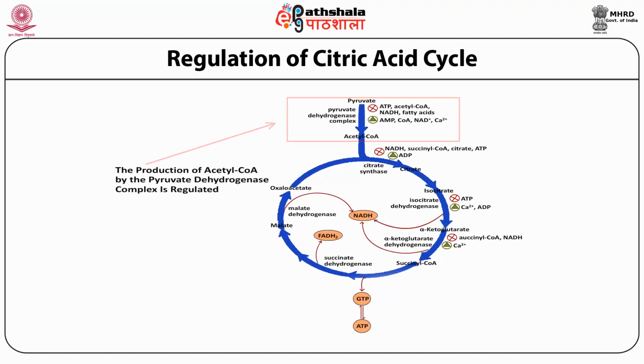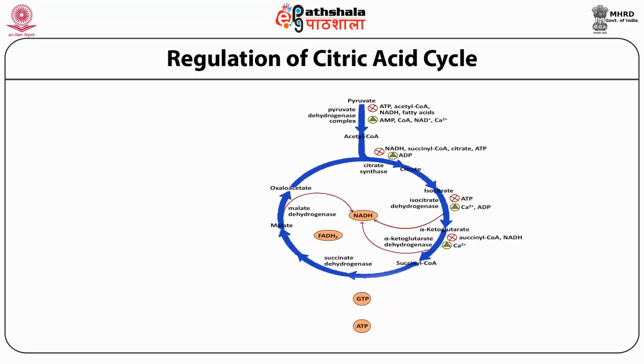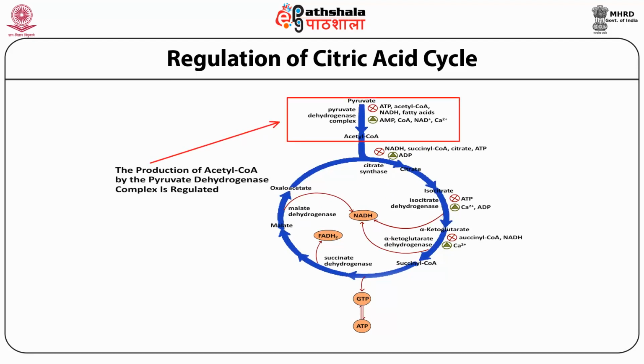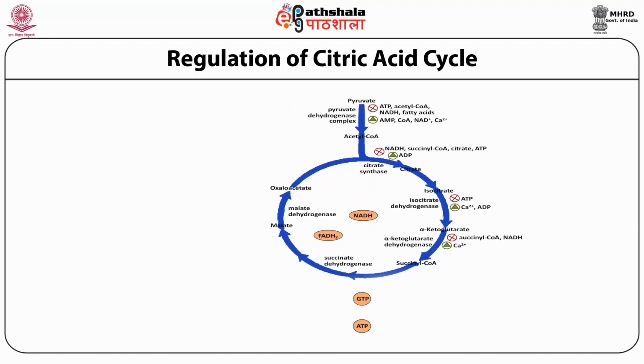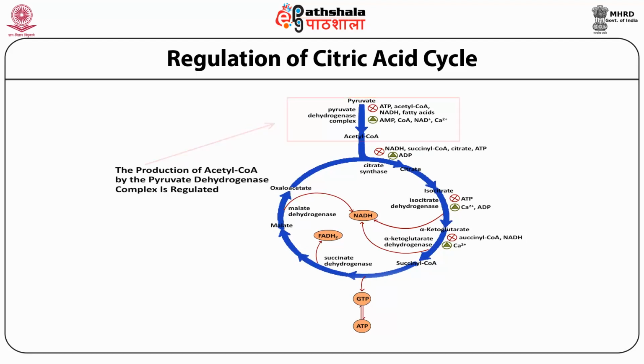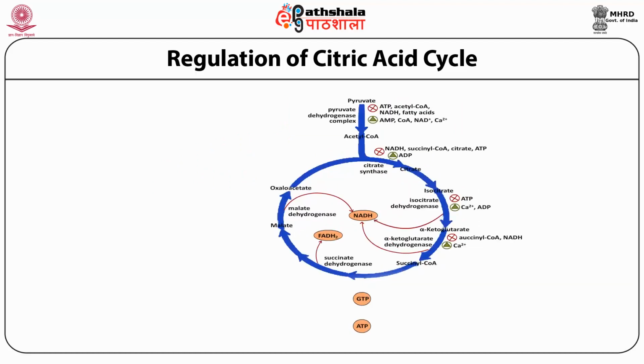In vertebrates, the pyruvate dehydrogenase complex is regulated both allosterically and by covalent modification. The complex is strongly inhibited by adenosine triphosphate as well as by acetyl coenzyme A and NADH, the product of the reaction, as shown in the figure.